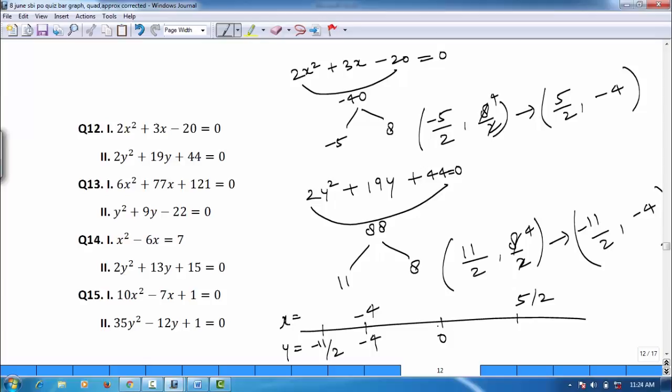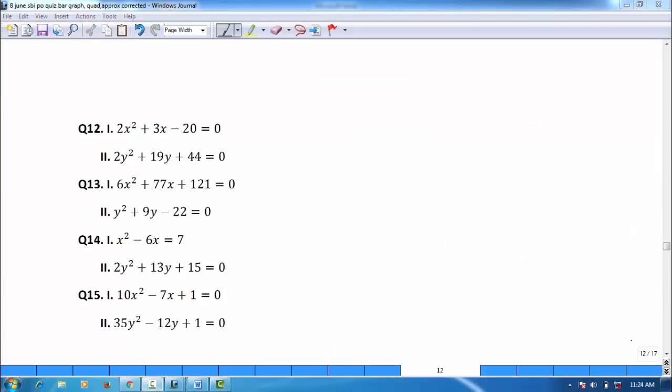So from this number line we can see that the value of y is less than or equal to x. So y is less than or equal to x. Question number 13, first equation.